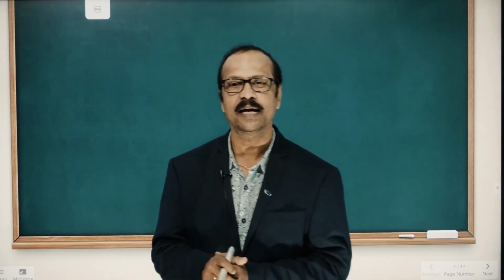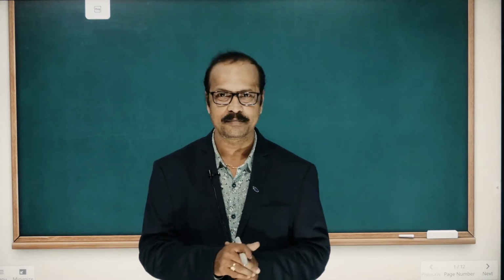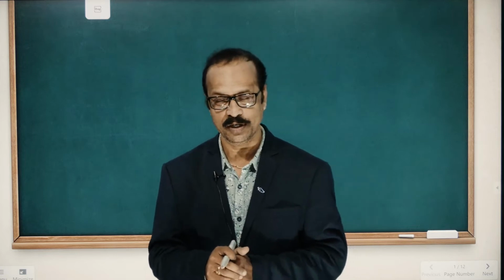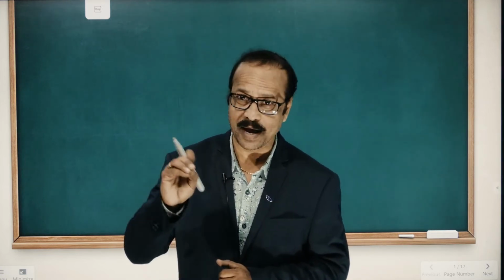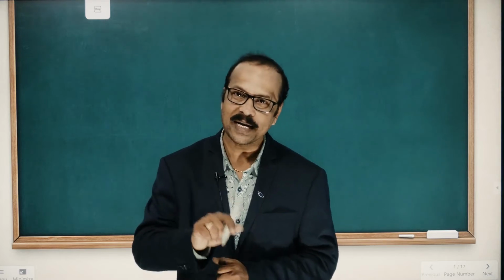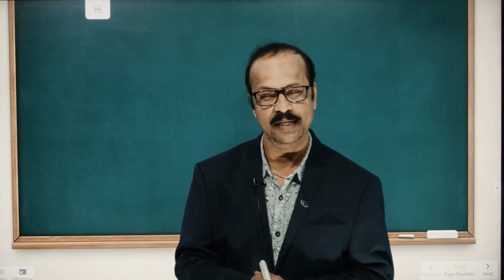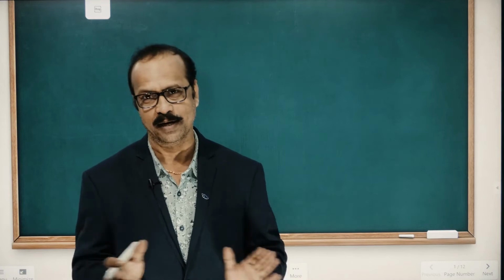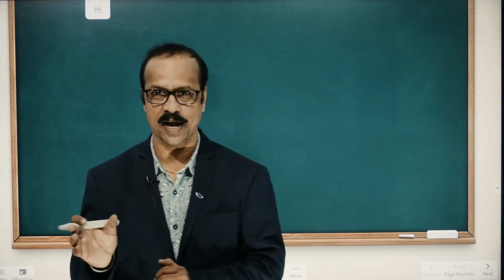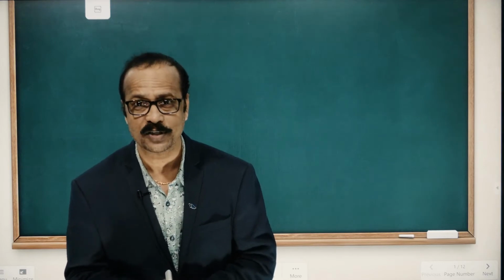Next, come to normality. The number of gram equivalents of a solute present in 1 liter of solution is called normality, right? And the last one is mole fraction. What is mole fraction?